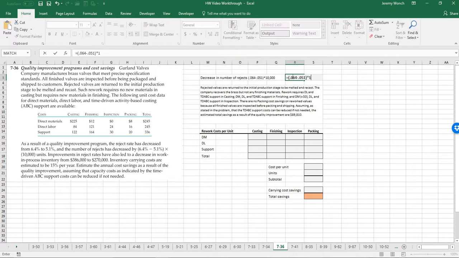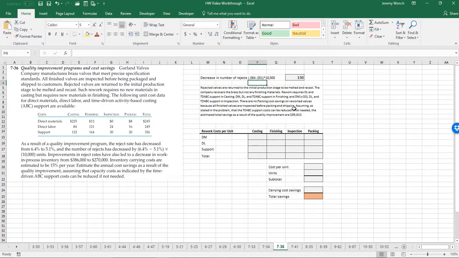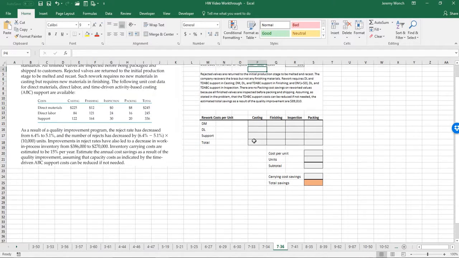That's going to be carried over 10,000 units. So by implementing this process, they're going to have 130 fewer bad units.